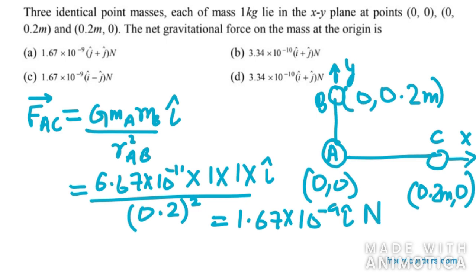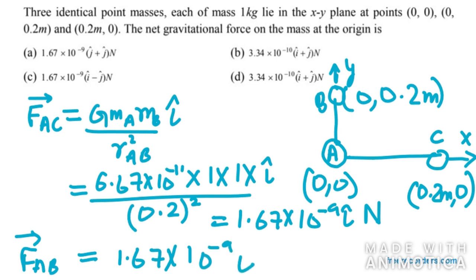Now similarly you need to find FAB. So similarly FAB will have the same value, that is 1.67 into 10 raised to power minus 9, but it will be in j cap because we have it in the y direction. So it will be opposite, that is j cap here. That's the difference.